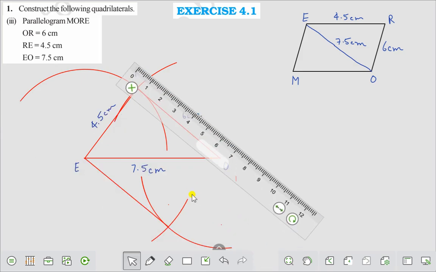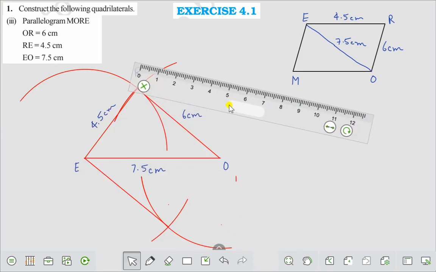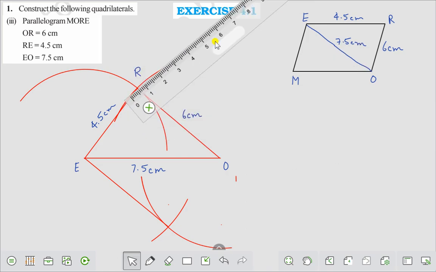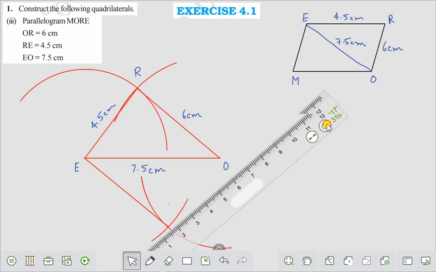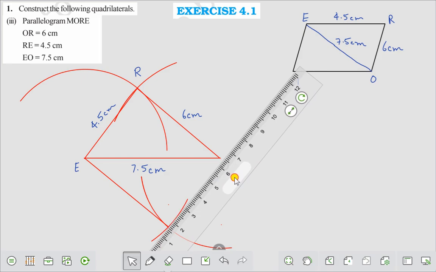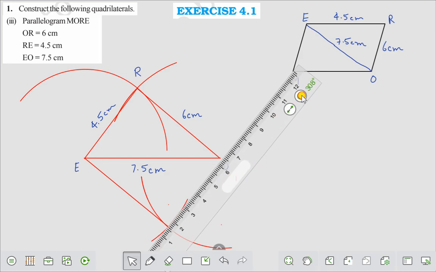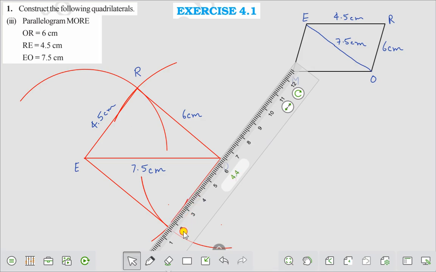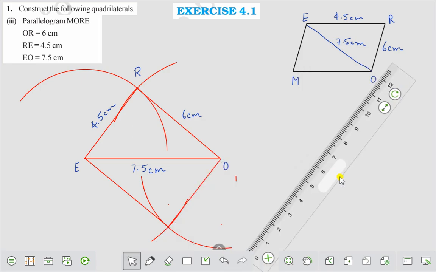Again, we will join this point with the point O. Now join this point. You get the point here.